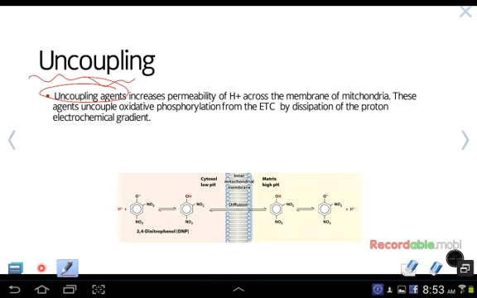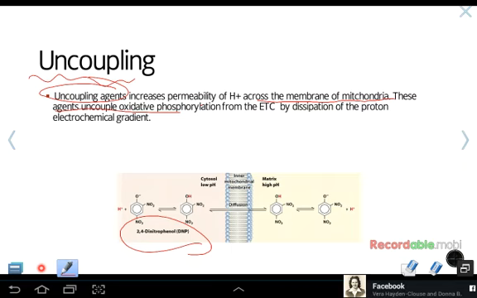Uncoupling agents such as DNP increase the permeability of protons across the membrane of the mitochondria. These agents uncouple oxidative phosphorylation from the electron transport chain by dissipation of the proton electrochemical gradient. So remember, DNP can carry protons across the membrane, which would then dissipate that proton gradient.